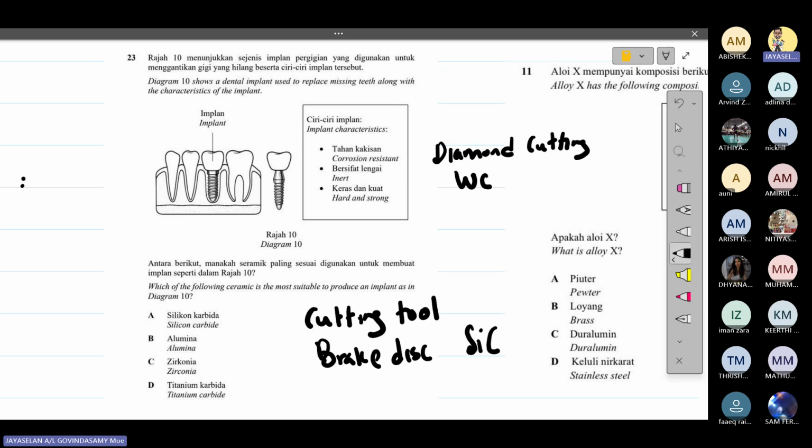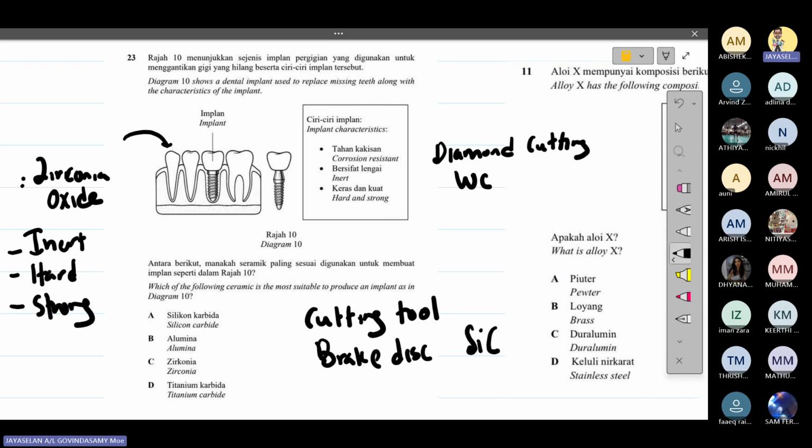If let's say this one, the dental implant, or they put ceramic knife, that will be zirconia oxide or zirconia lah. Zirconia is what? Chemically inert, and also you can put strong. So that's why we can use it as a dental implant.